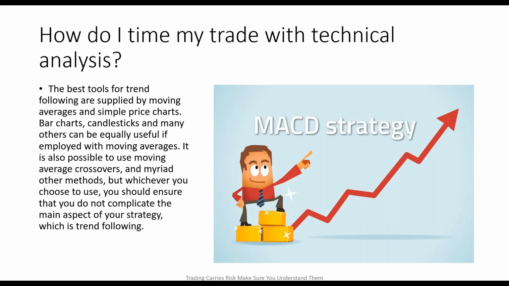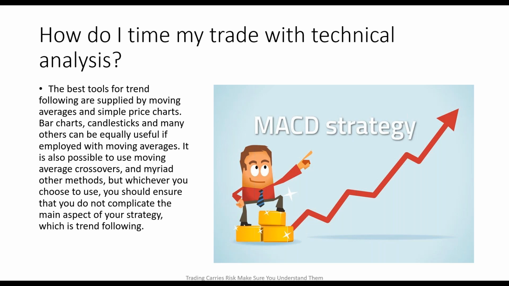So learning how to time your entry is crucially important. Now, there are many technical tools that will help you with this. The best tools for trend following are supplied by moving averages and simple price charts. Bar charts and candlesticks, the right proper candlesticks, will help you see that the trend is resuming.